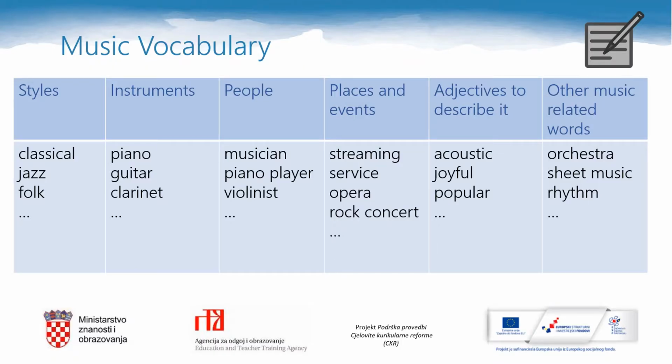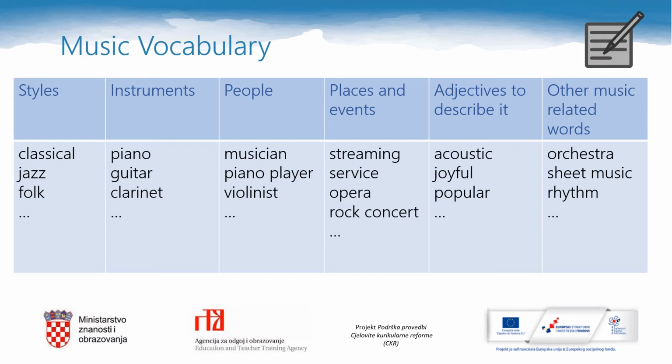Let's revise some music vocabulary and learn some new words to speak and to write about music. Here are the categories: the styles in music, the instruments, people, places and events, adjectives to describe music, and other music-related words.